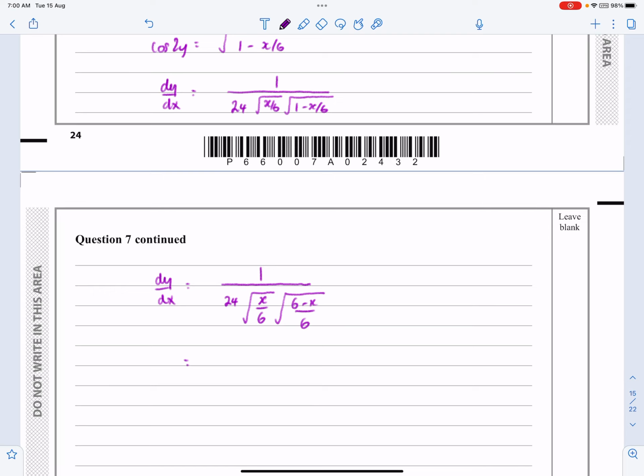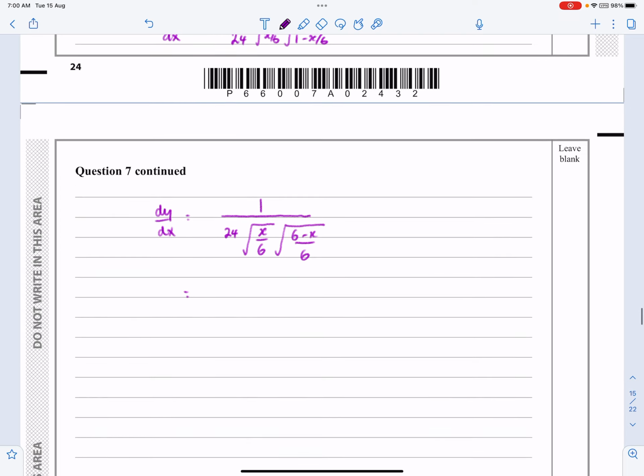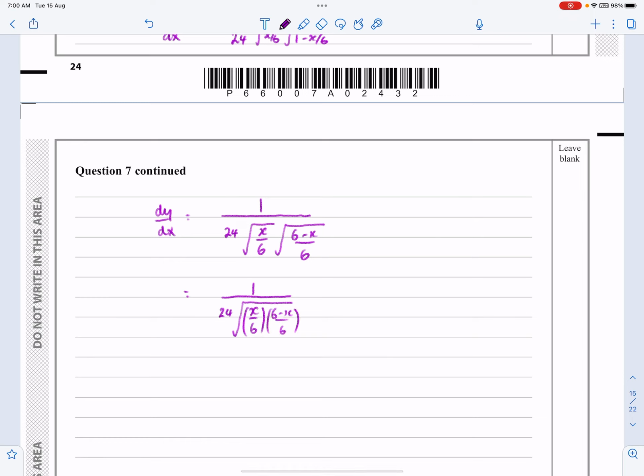Now here, because I've got those two square roots, I can write that as one single square root. So this is 1 over 24 root of x over 6 times 6 minus x over 6. Just make sure you're happy with what I've done there. All I've done is change those two to one single square root there.